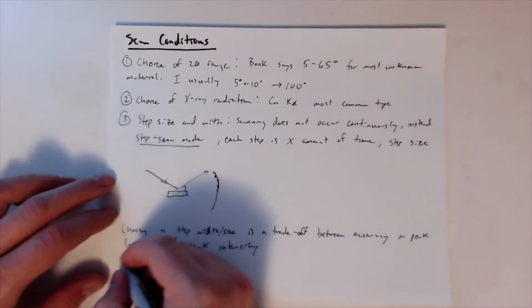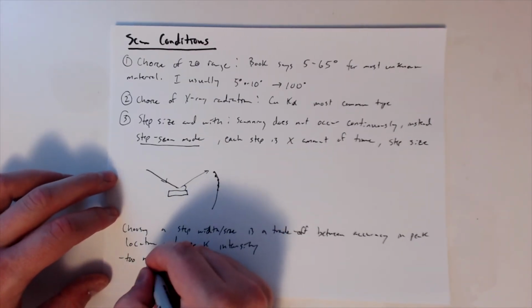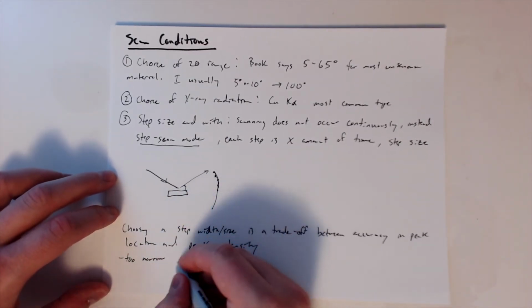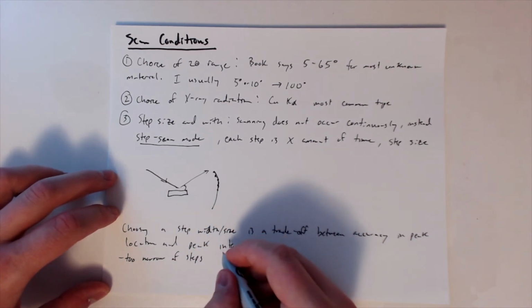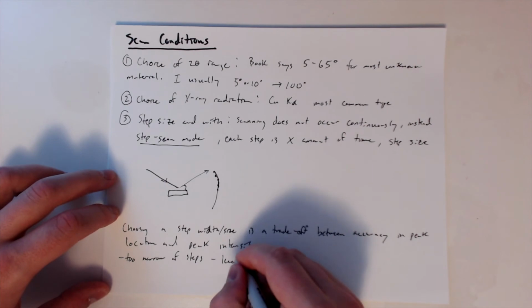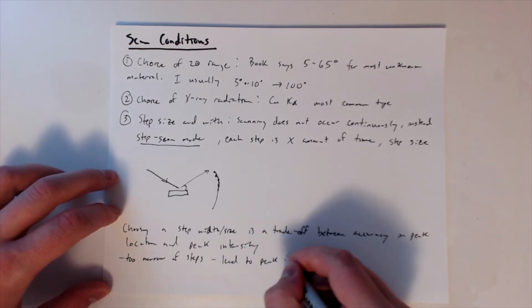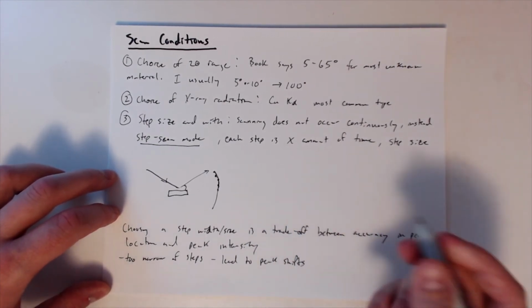And so if we have too narrow of steps, this can actually lead to peak shifts.